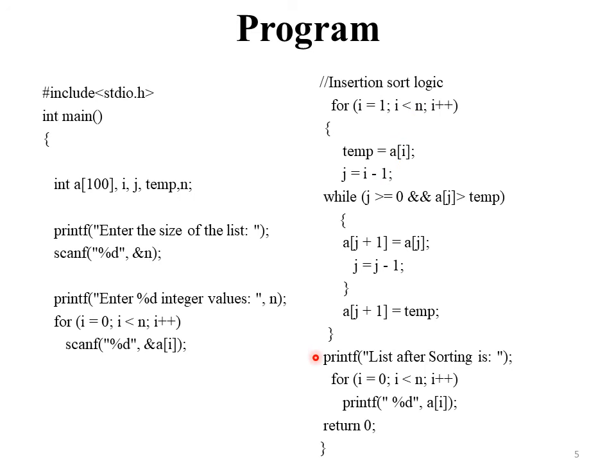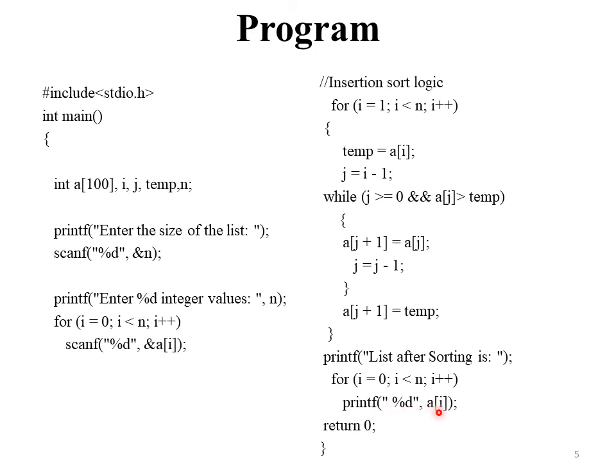Now to print this sorted array, we use this logic, that is printf "list after sorting is". We use a for loop for printing the array from 0 to n minus 1. So i equal to 0, i less than n and i plus plus. And to print we use printf "%d" and a of i.